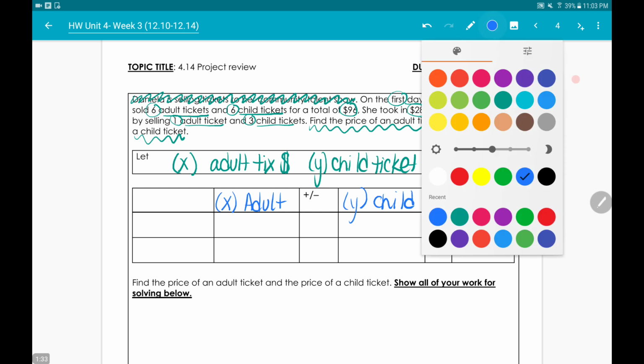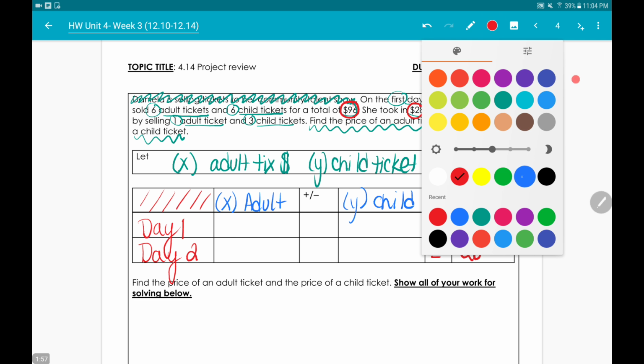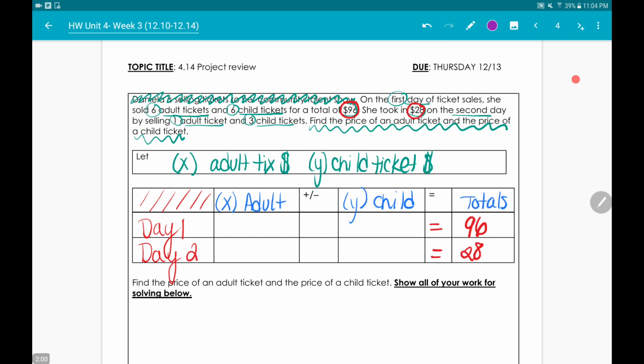On the first day, her total was $96. So that's happening on day 1. On the second day, her total is only $28. Okay, and now let's go back to our sentences. So on the first day, 6 adult and 6 children. And the second day, 1 adult and 3 children.